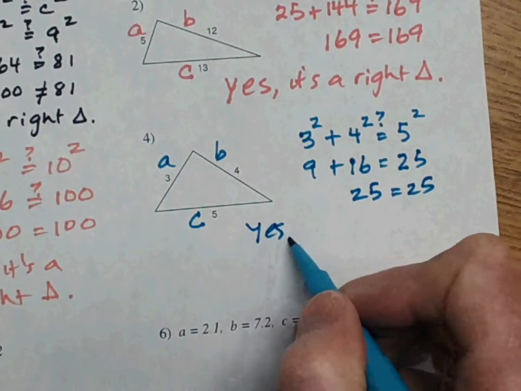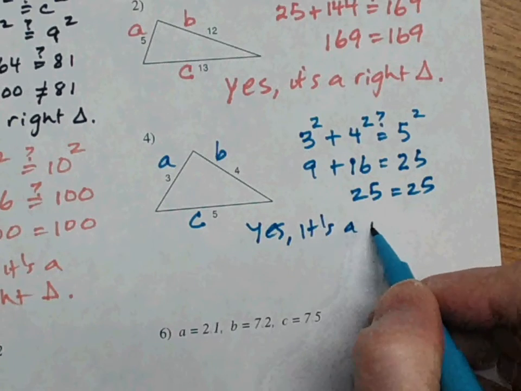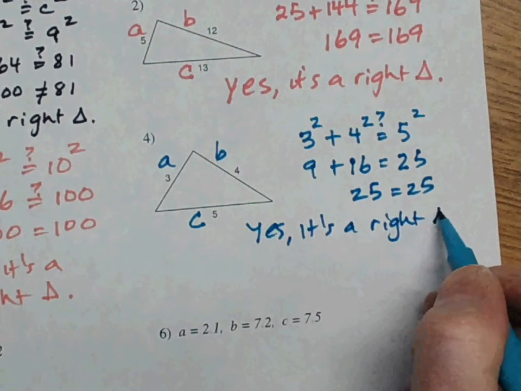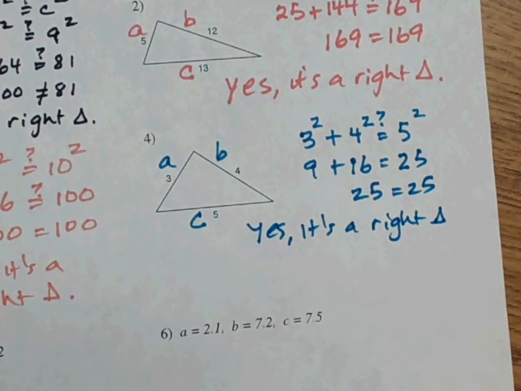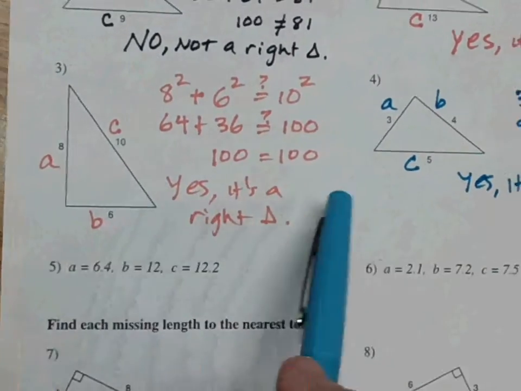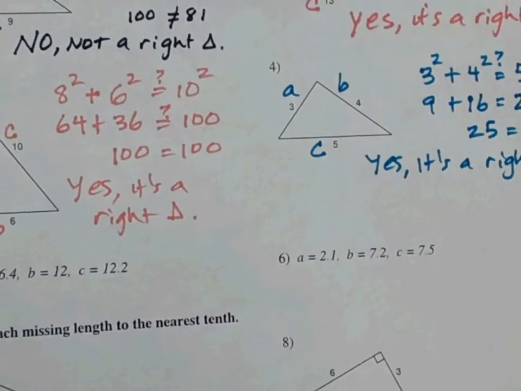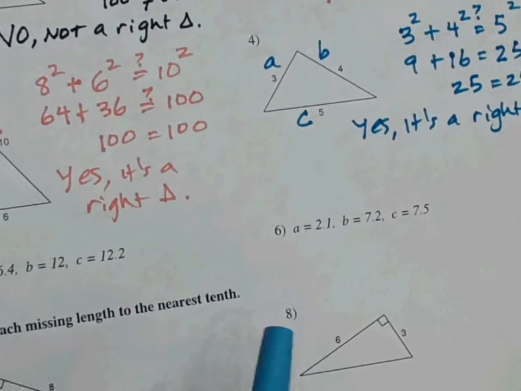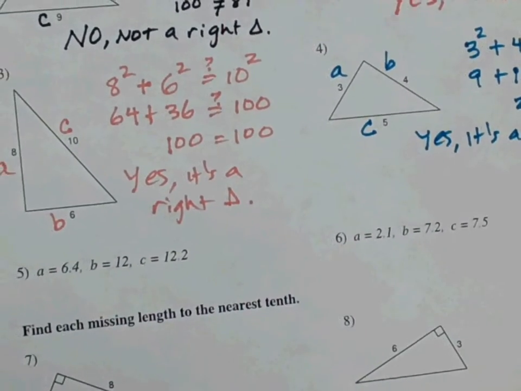So yes, it's a right triangle. And you may have recognized this 5, 12, 13, 6, 8, 10, and 3, 4, 5 as being what we call Pythagorean triples, which means they are always right triangles.